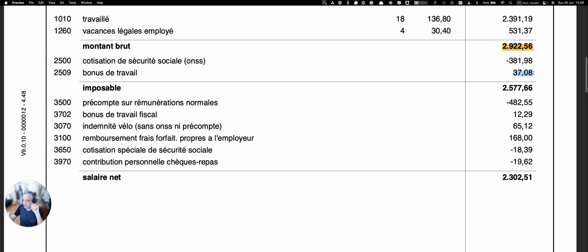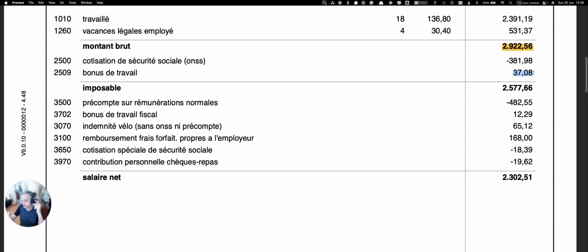So to avoid that situation, and to have a system that always makes everybody better off being an employee than being on unemployment benefit, they have created this bonus system.